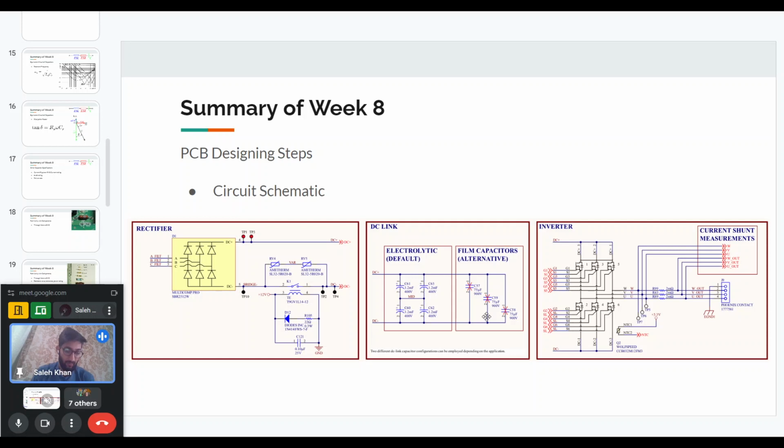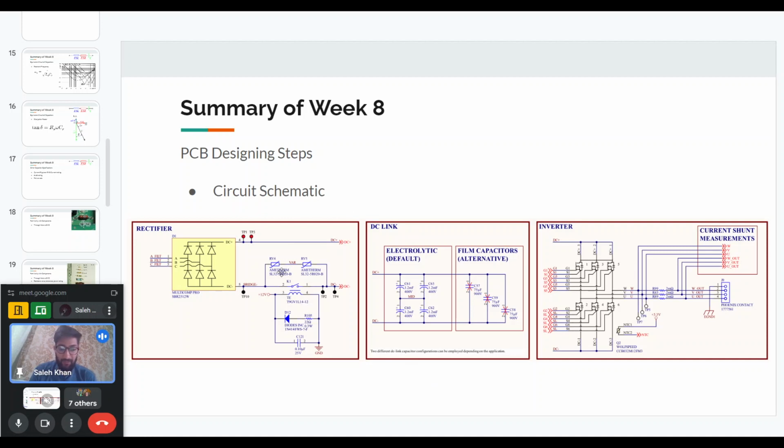It is not just the converter as we saw it. We have other sections as well, and all of these have to be placed on a single PCB board, or they have to be on multiple PCBs and then connected together. So this schematic is actually very complicated in general.